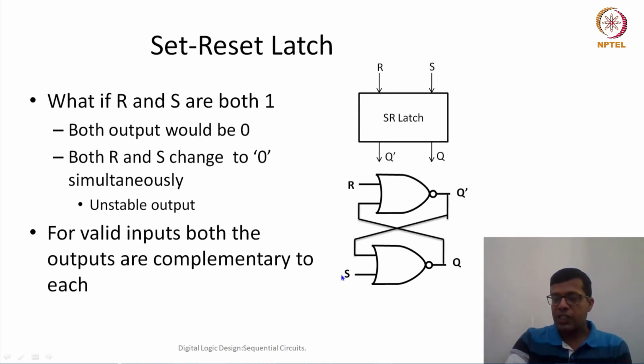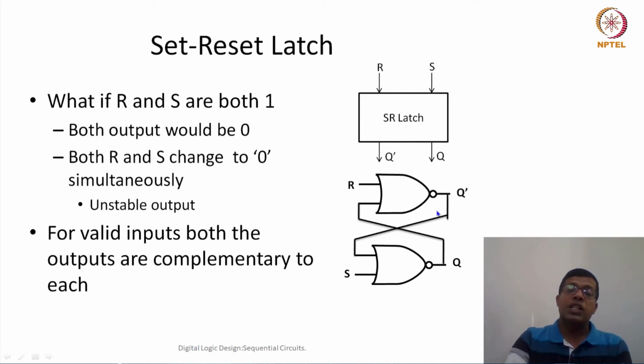Now R and S are 0, Q and Q dash are 0. What would be the new Q and Q dash? Both of them would be 1, because both inputs of this NOR gate are 0. Both inputs of this NOR gate are also 0, so both of the outputs are 1.